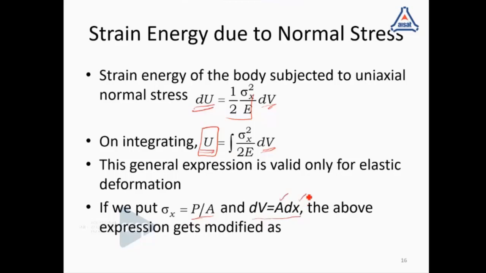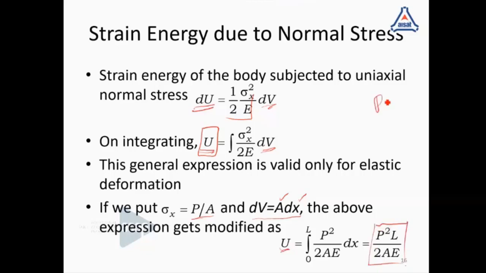Now the expression can be modified as P square L by 2A E. The elastic strain energy U is equal to P square L by 2AE. You may be familiar with this expression PL by AE. What is it? Deflection.